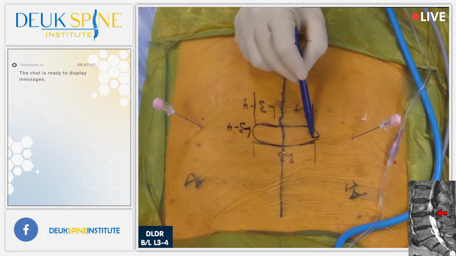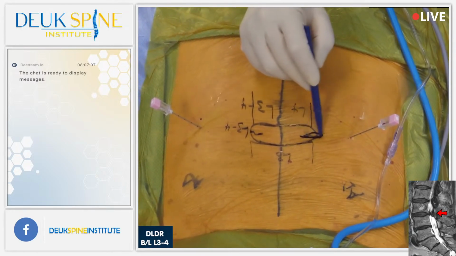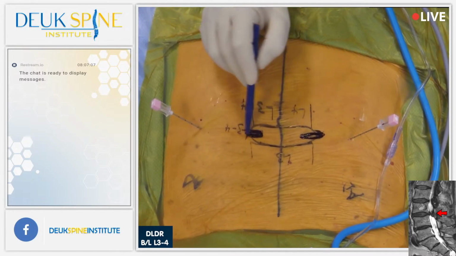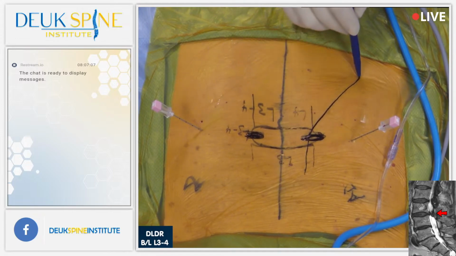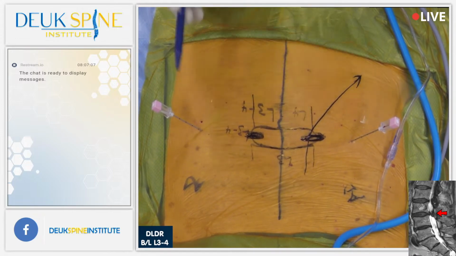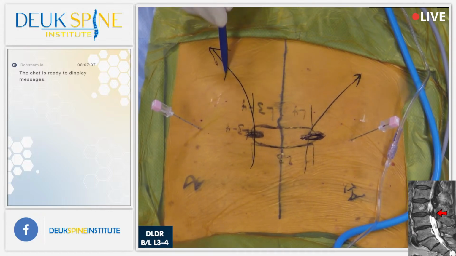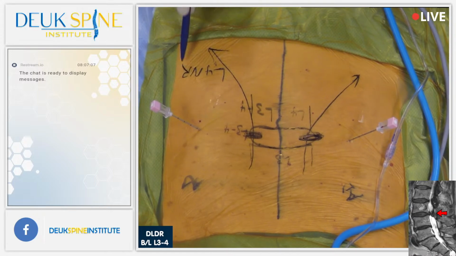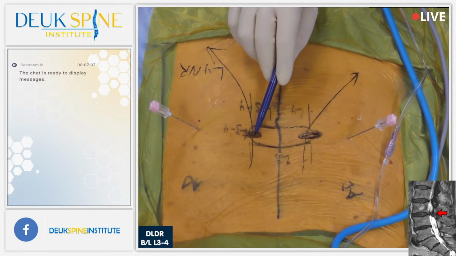He's got a tear on the left side and a tear on the right side, and the jelly is squeezing out through the tear and hitting the nerves. The nerves come down and then exit through the holes I showed you. This is the L4 nerve root, and that nerve is passing right behind the herniation at L3-4.